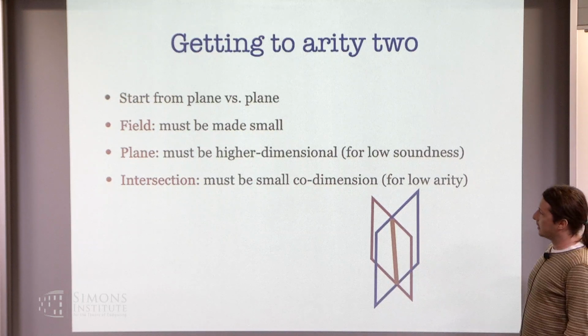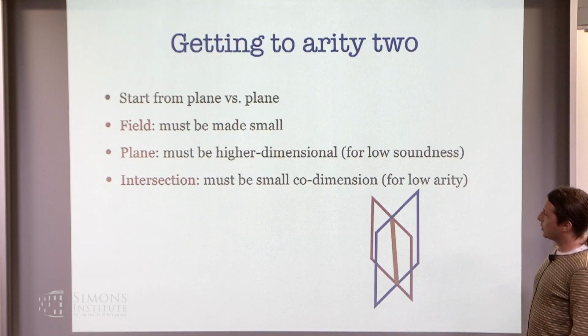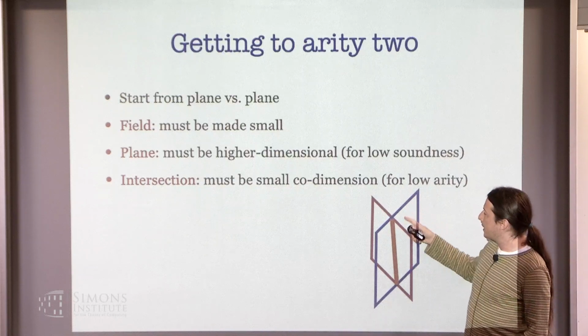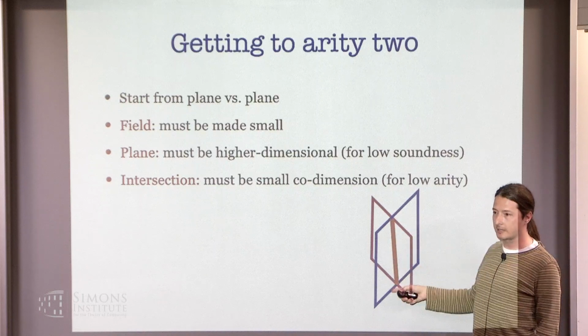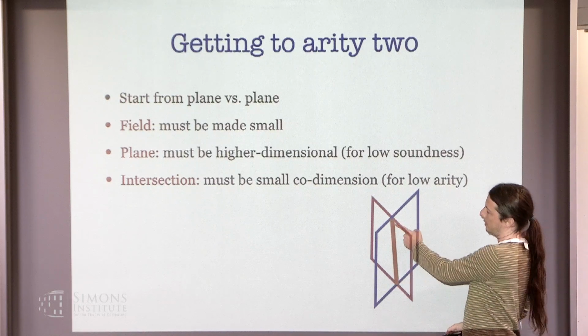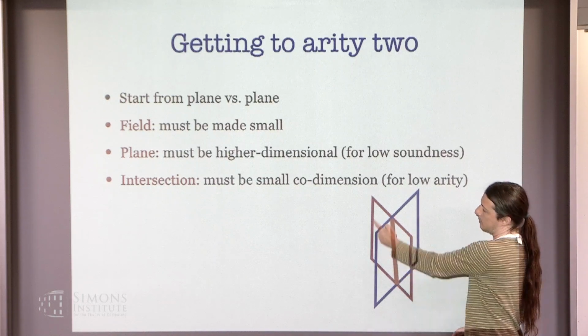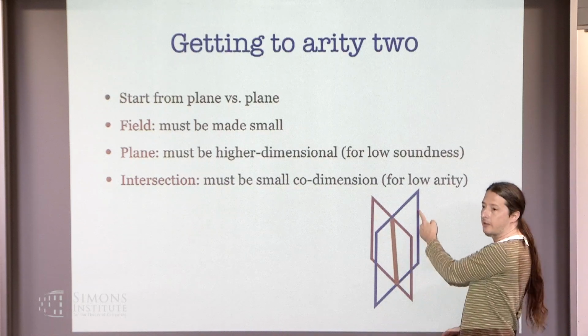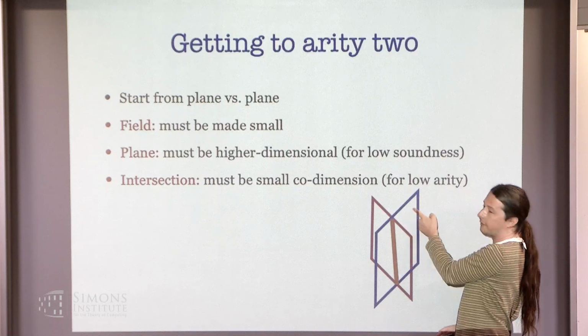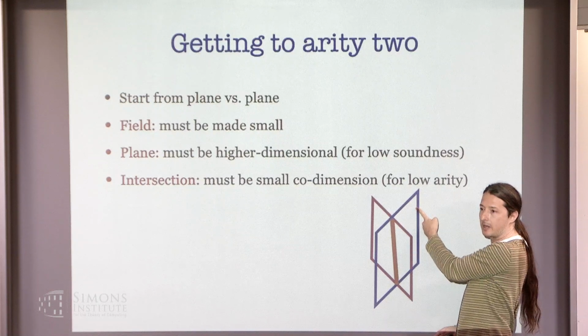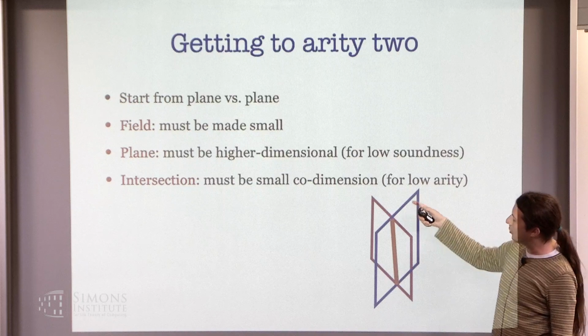Right, now you have some subspaces that intersect. You want the value on one to determine almost completely the value on another. So you want minimal freedom for the assignment of the other. And for that, you need the codimension.